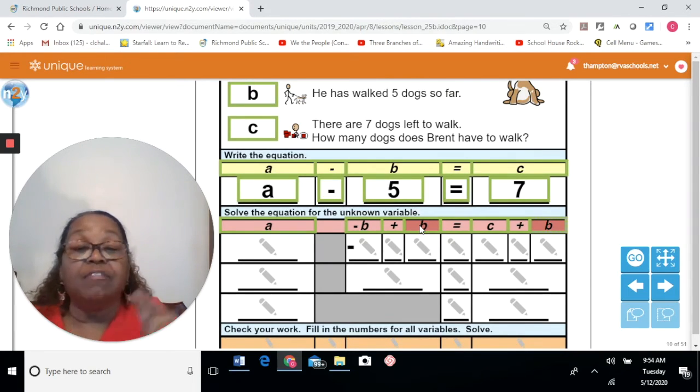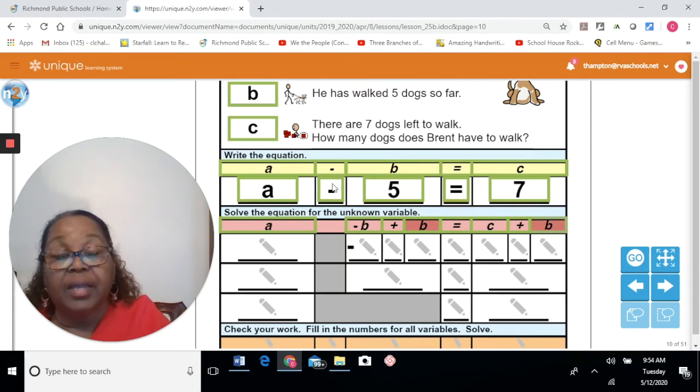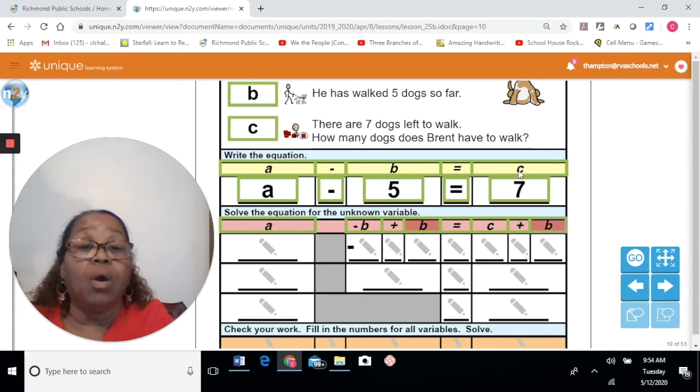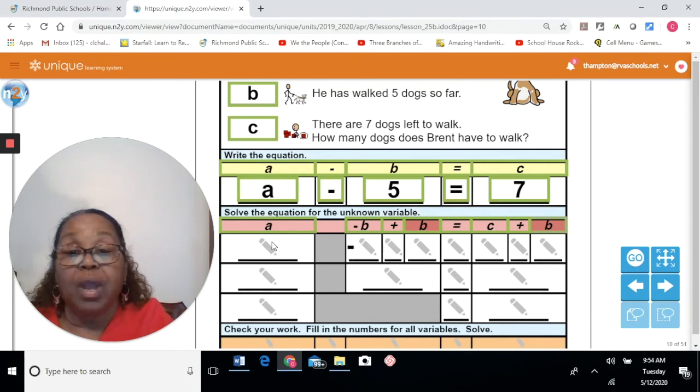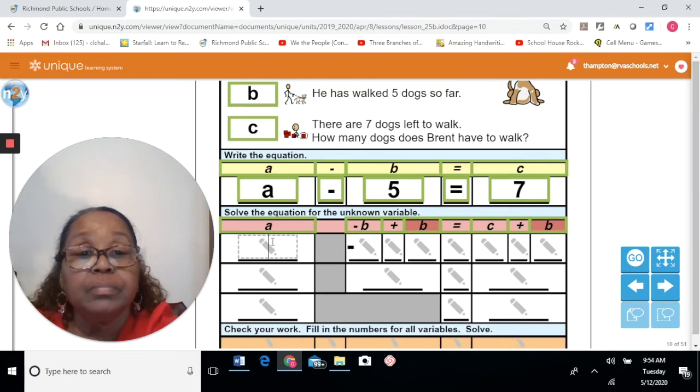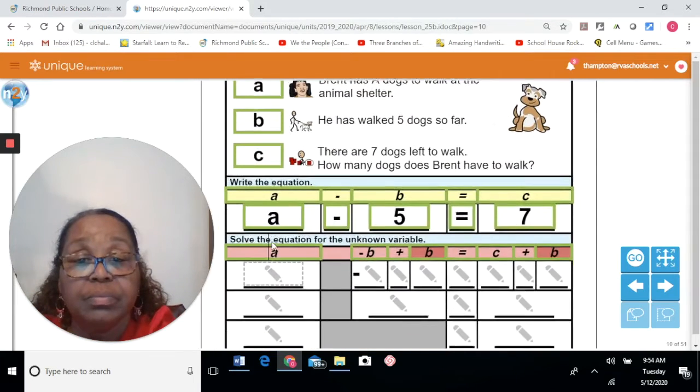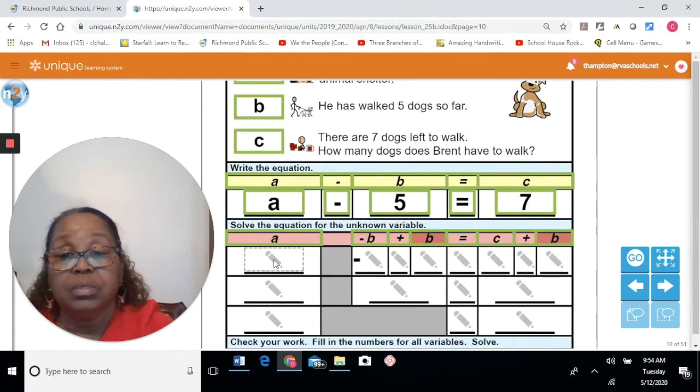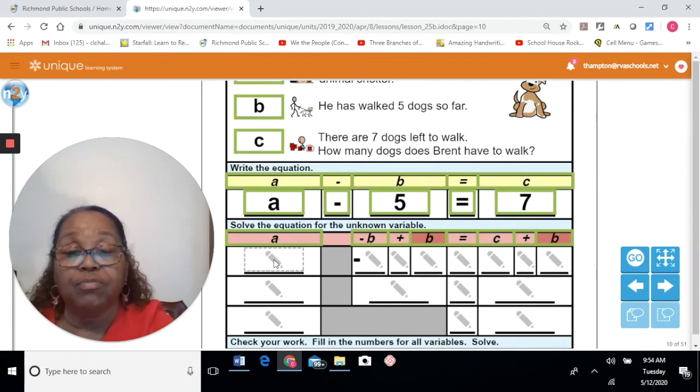A minus 5 plus 5 will equal 0. All right? But everything I do on one side has to be done on this side. So my C also, I have to add B to it. So let's give it a try. A will equal, A is what we're trying to solve for this time.